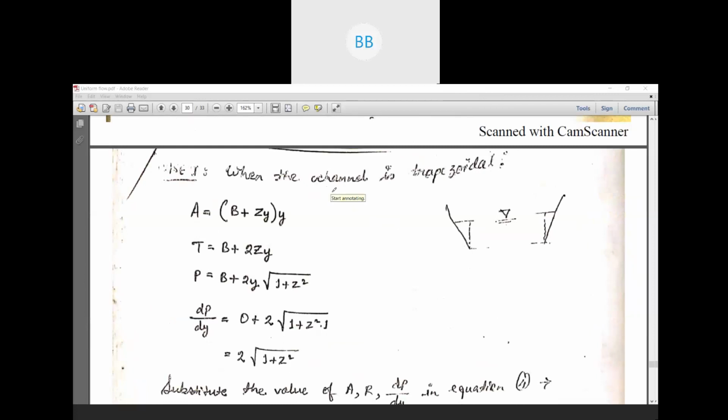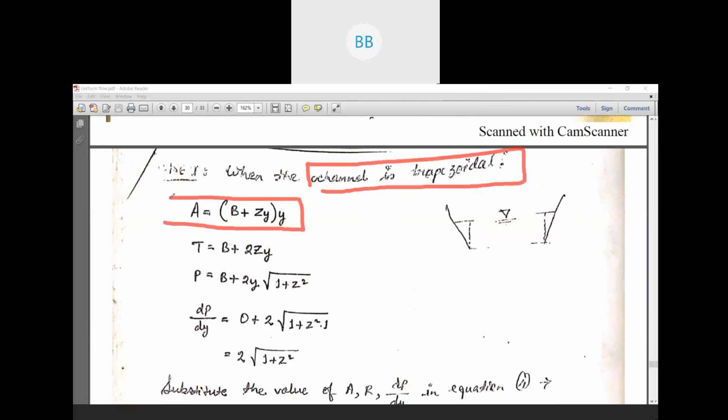Here again it is a trapezoidal channel. So this is the equation for area for a trapezoidal channel. This is top width. Those things we have already discussed. This is the wetted perimeter.